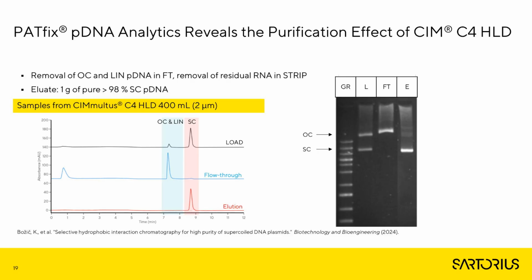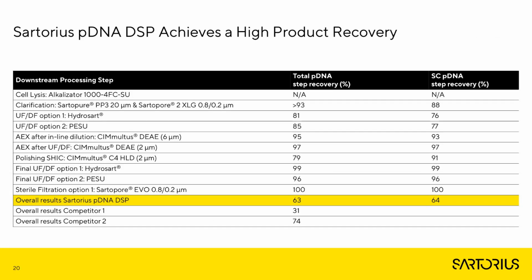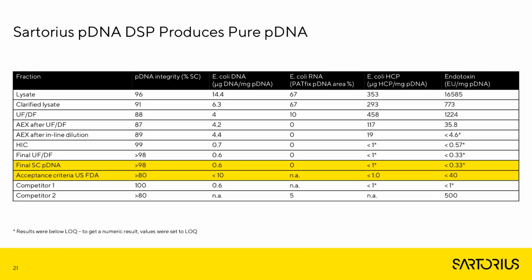There are technical materials available, but I would like to say that with our process, as I described, our total recovery is quite high. We see consistently between 63, 64% recovery, which is higher than what we see among alternative providers that present their processes. And even if there is a slightly higher recovery, when we look at the purity of the material, we can see that the material quality coming through our process is really high.